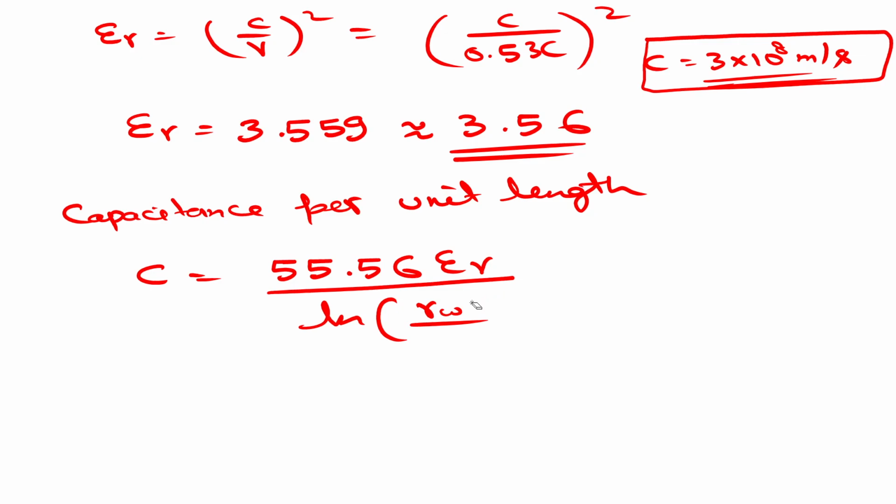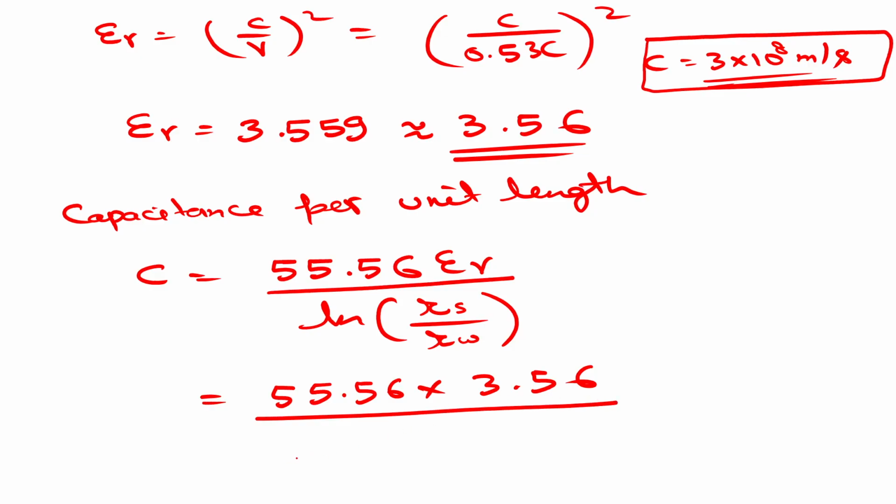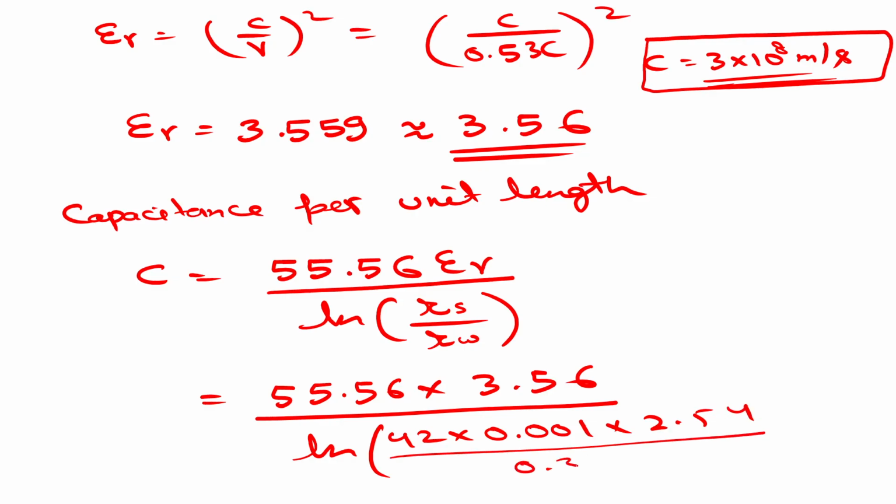First the shield radius should come, RS, then the inner wire radius. Now that we know epsilon r is 3.56, we substitute it here, multiplied with 3.56, and the ratio comes out to be 42 into 0.001 into 2.54, divided by 0.3 into 10 to the power minus 1.